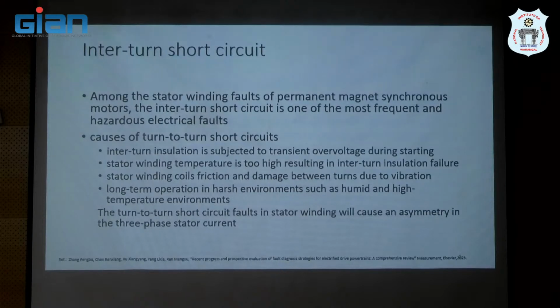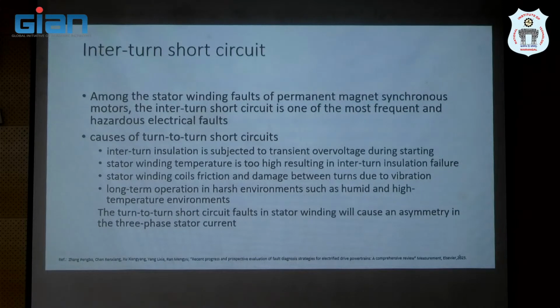The causes are interturn insulation being subjected to transient over voltages during starting conditions, and also stator winding temperature. If it is very high, it may cause interturn insulation failures.